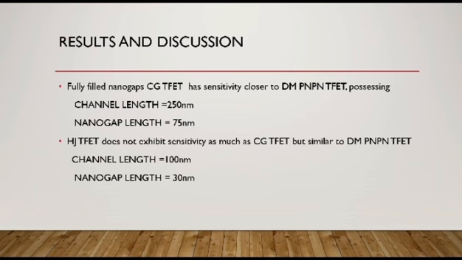Full nanogap CG-TFET has sensitivity closer to DM-PNPN TFET, possessing a channel length of 250 nanometers and a nanogap length of 75 nanometers. HJ-TFET does not exhibit sensitivity as much as CG-TFET, but similar to DM-PNPN TFET, and its channel length is 100 nanometers and its nanogap length is 30 nanometers.